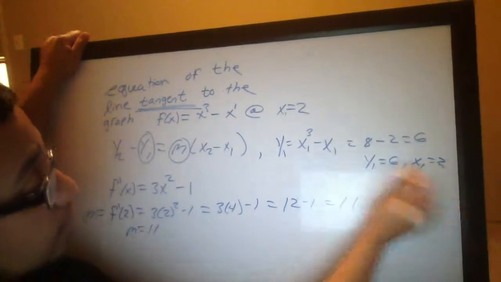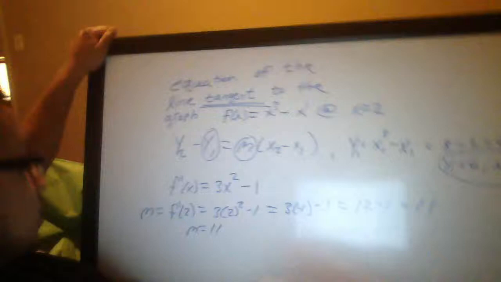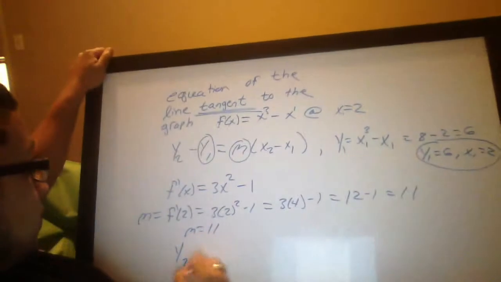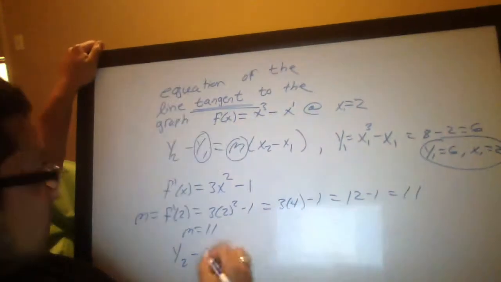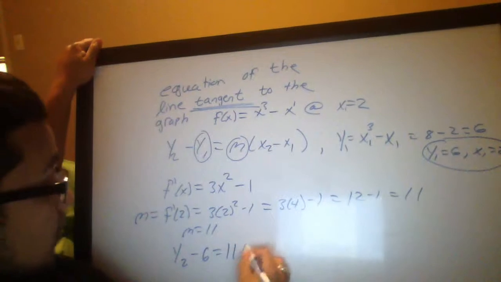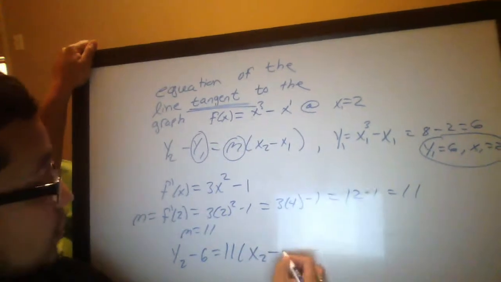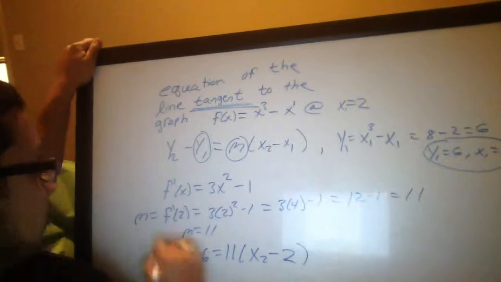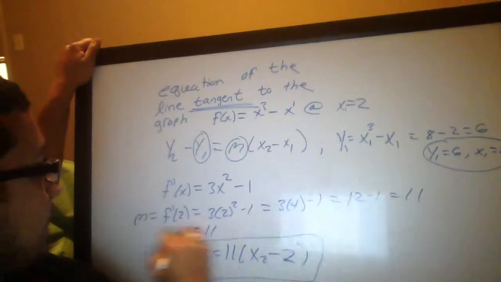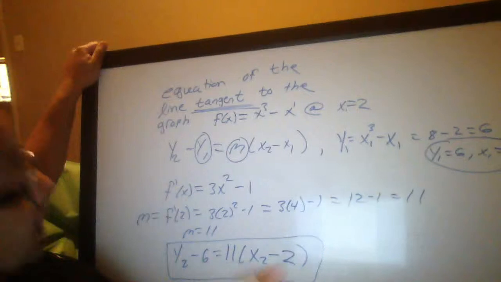We plug that into the equation: y2 minus y1, which is 6, equals m, our slope 11, times x2 minus x1, which is 2. This is the equation of the line tangent to that graph at the point x equals 2.